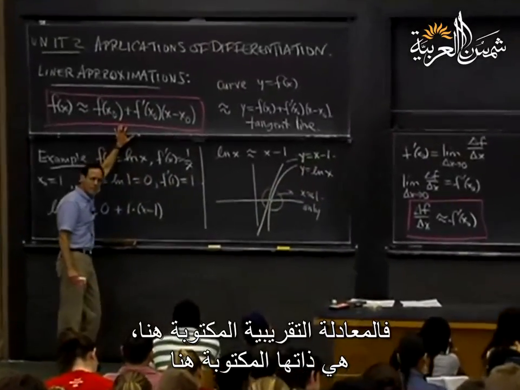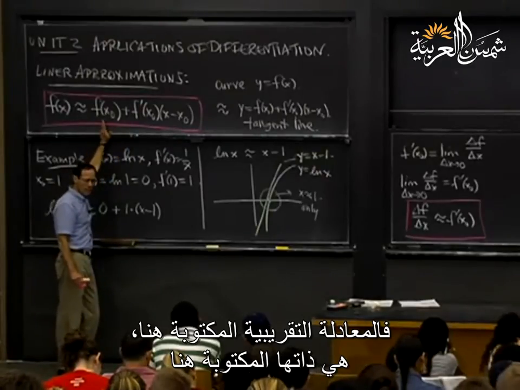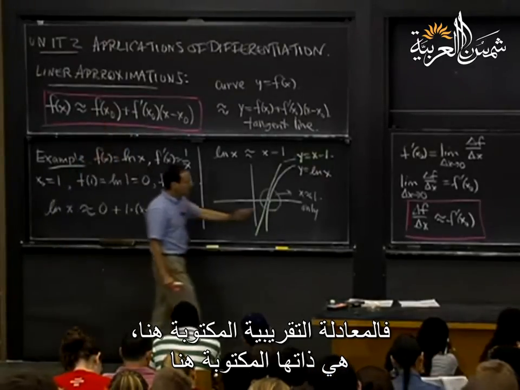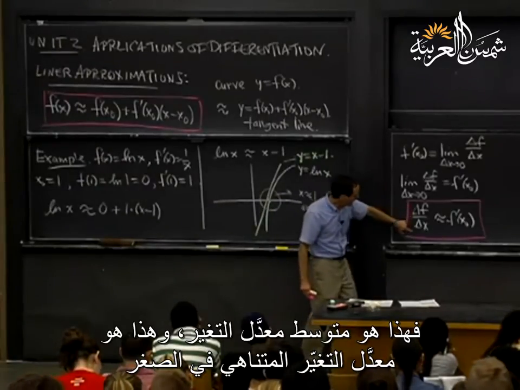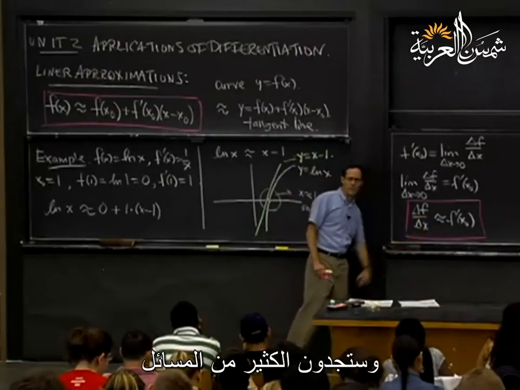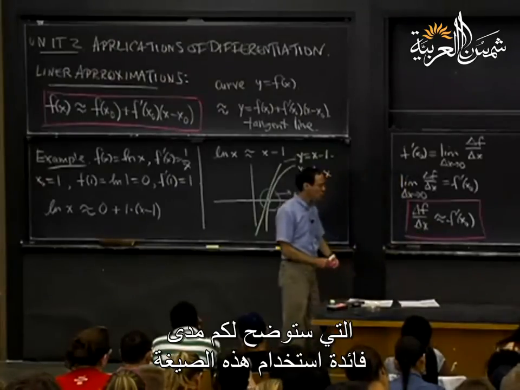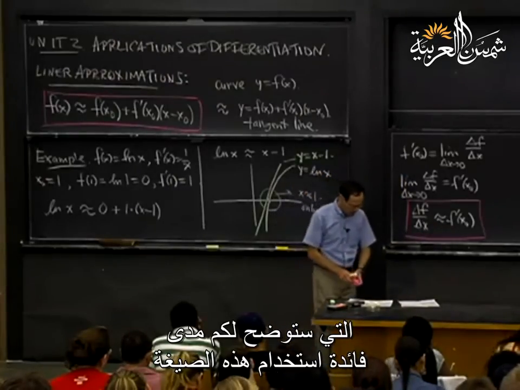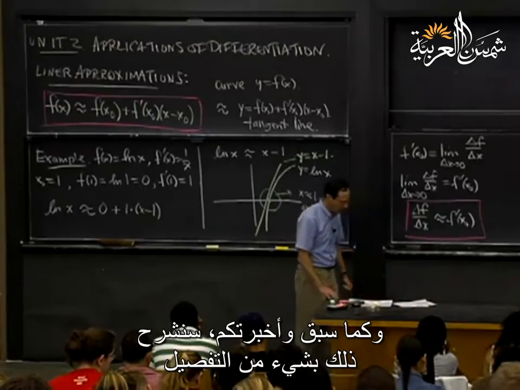So this approximation formula here is the same as this one. This is an average rate of change, and this is an infinitesimal rate of change, and they're nearly the same. That's the claim. So you'll have various exercises in which this approximation is the useful one to use, and as I said, I'll be illustrating this a little bit today.